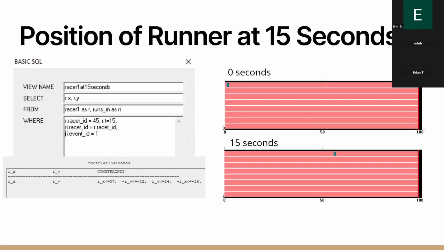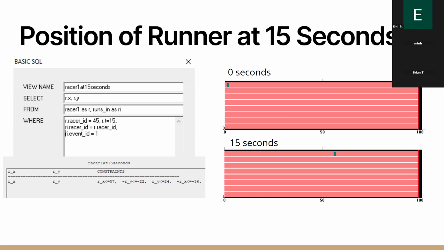And for our next query, we wanted to look at the position of a racer at a certain time. The time we chose was 15 seconds. As you can see, we used a basic SQL query for this. We just looked at the racer. We just picked a random racer. For this, we chose racer ID number 45, and then we took the time, and then we joined the two.